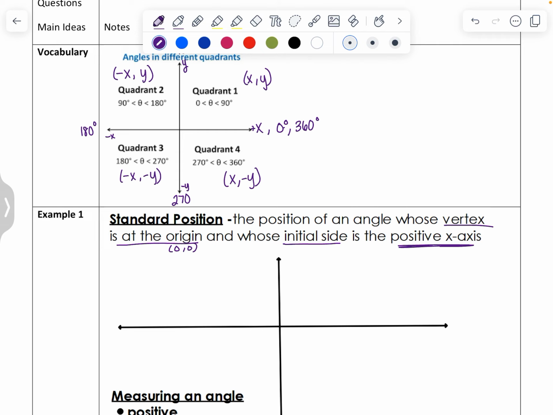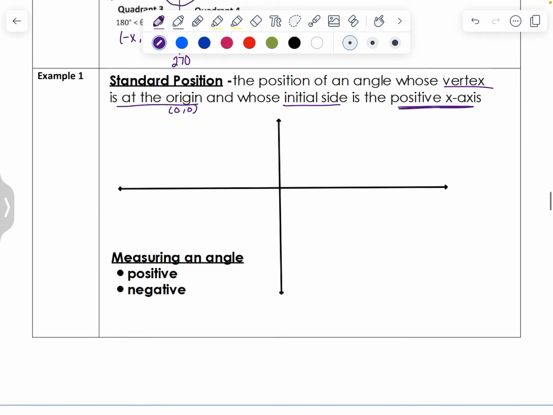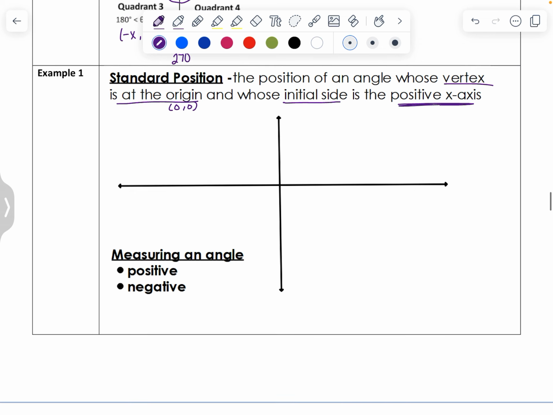I have given you all the positive angles, starting at 360 and going this way. If you start your angle with the vertex at the origin, your initial side is right here, and you measure an angle this way, counterclockwise, that is a positive angle measurement. Now I drew about 110 degrees. Remember, this was 90 degrees, so I drew an angle that was about 110 degrees there.